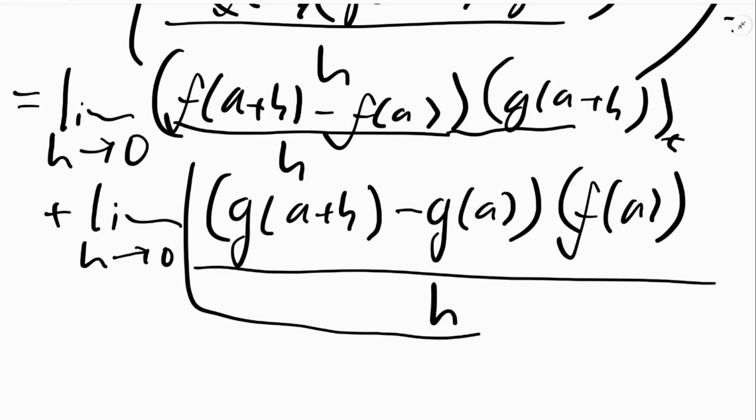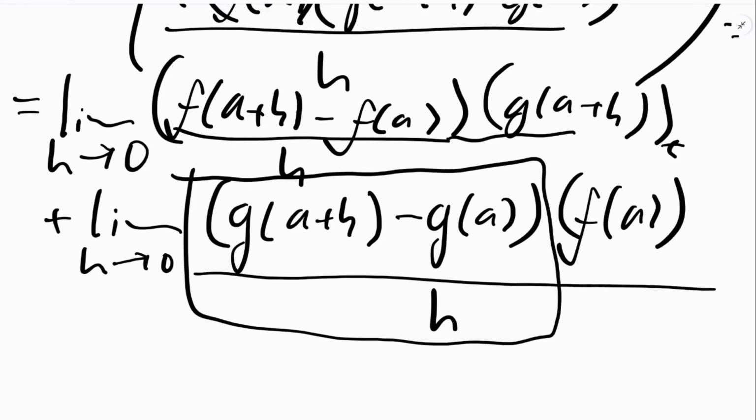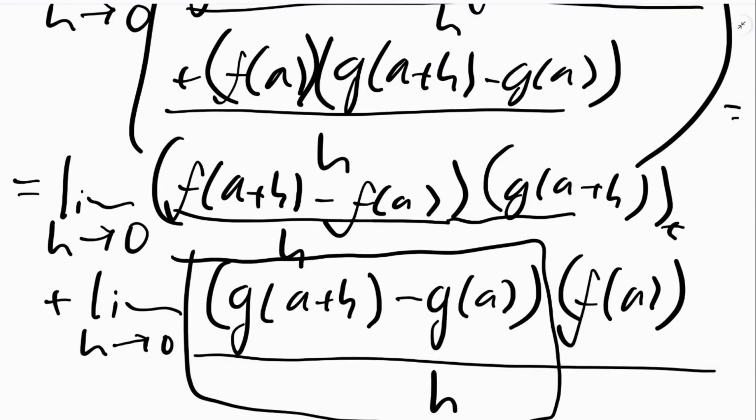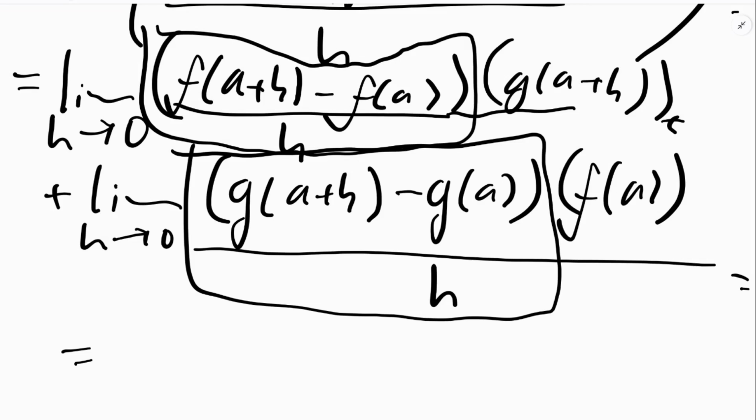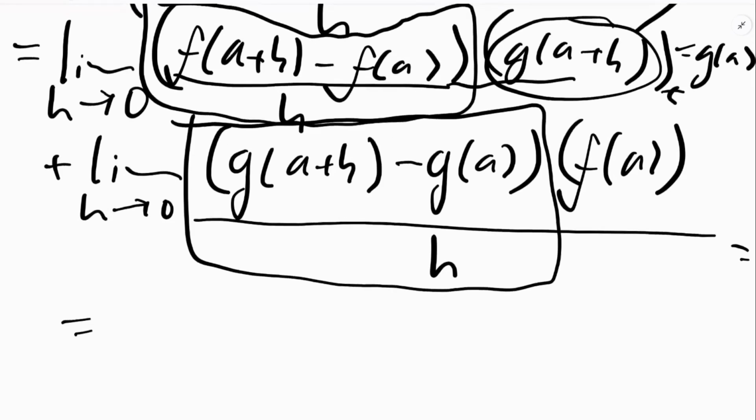So here we can spot the limit definition for the derivative of g. But we also realize that as h goes to 0, in the numerator we can see h as 0, so g of a plus h will basically become g of a, and f of a is already there without a problem.